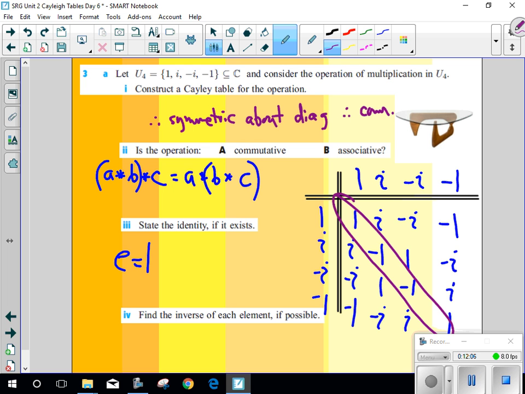Just watch this. Let's do i. The inverse is going to be 1. What else? i and -i are going to be, and also -1 and -1. So 1 and -1 are themselves. i and -i are together inverses.